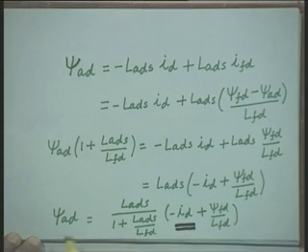This derivation one can perform to obtain the expression for psi AD in terms of ID, the direct axis component of the synchronous machine current, and psi FD. Therefore, in this equation psi AD has been expressed in terms of a component of the terminal current and psi FD, which is the state variable.